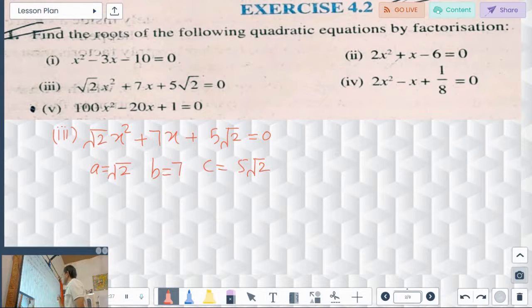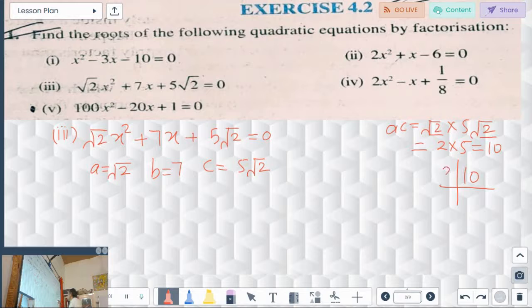Now what is ac? ac equal to root 2 and 5 root 2. Root 2 multiplied by root 2 is 2, into 5 equal to 10. Now factors of 10: 2, 5. Now the factors will be 5 and 2.